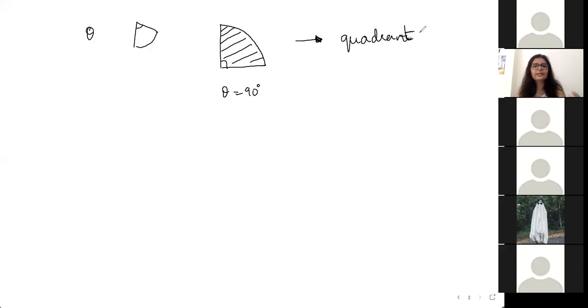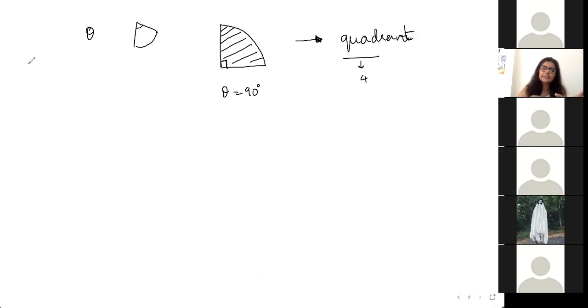Simple. Quadrilateral is four-sided, right? So quad relates to anything that is four. If you consider a 90 degrees angle, four quadrants make a complete circle. So you can relate it that way. Rishita is asking about pi. Pi is a constant. It's a number.